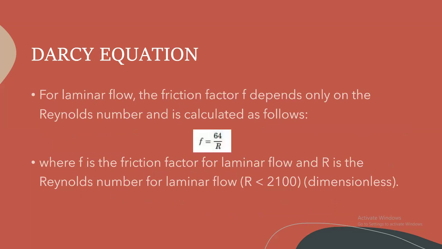So for laminar flow, the friction factor F depends on the Reynolds number and is calculated as follows. So the friction factor is equal to 64 over the Reynolds number, where F is the friction factor for laminar flow and R is the Reynolds number for laminar flow, which means your Reynolds number is less than 2,100.